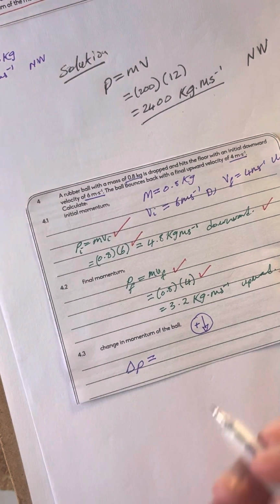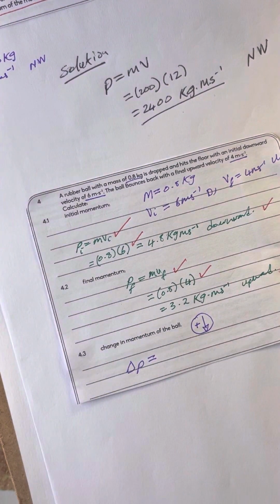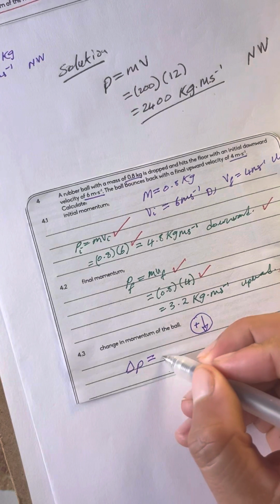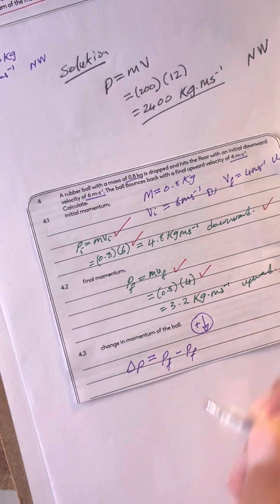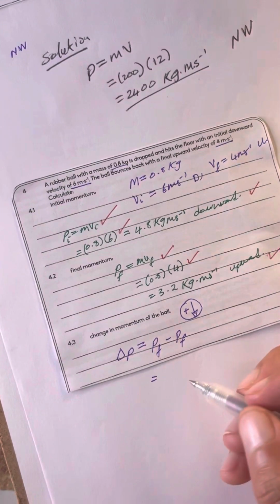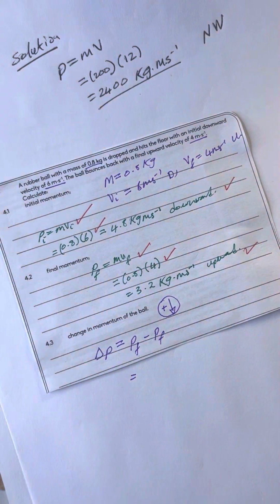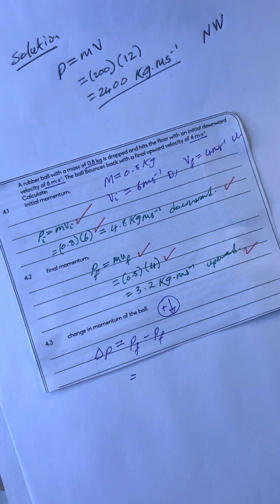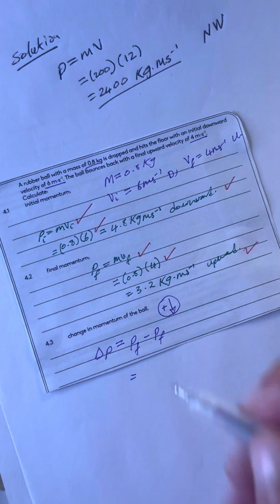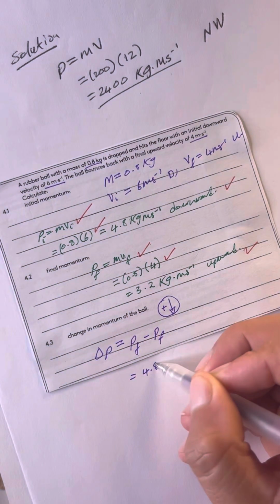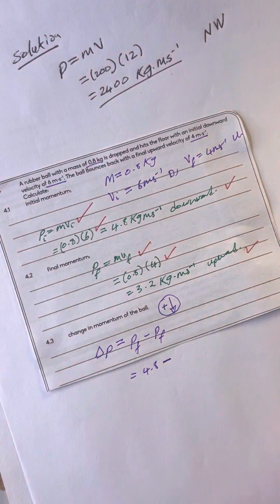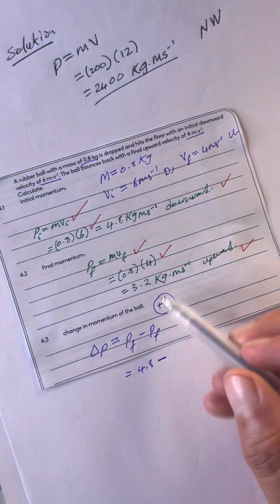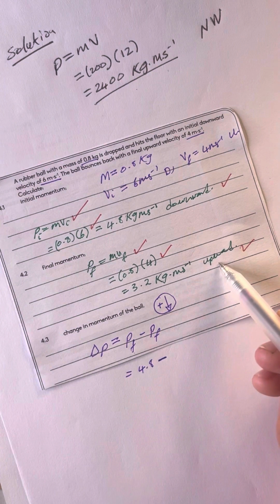So we already have initial momentum and final momentum. It becomes easy then to say final minus initial. When we substitute the values, the momentum of 4.8 kilograms meters per second is downwards, and we're taking down as positive, so we just write 4.8, minus, this minus sign comes with the formula, the other one is 3.2 kilograms meters per second upward.